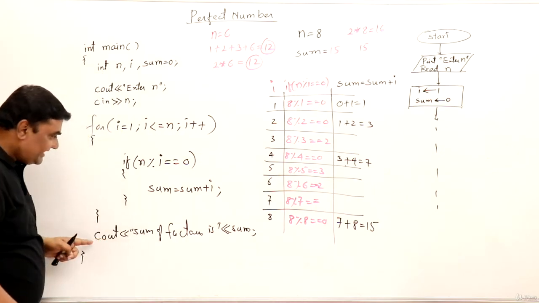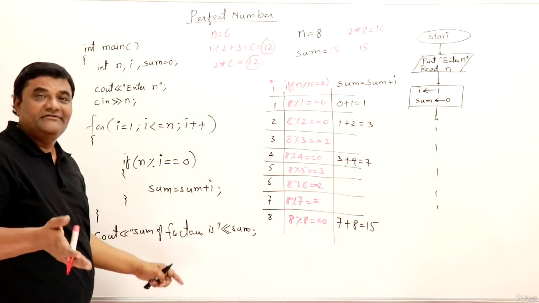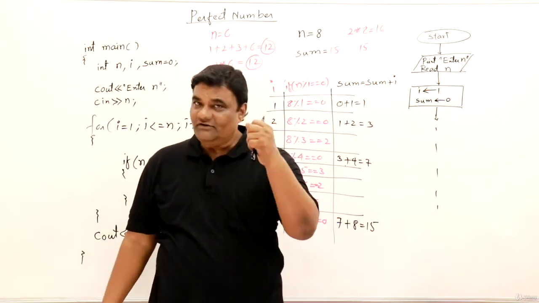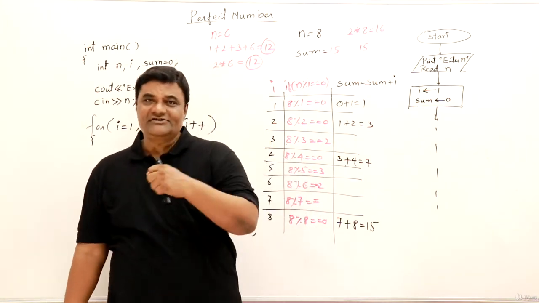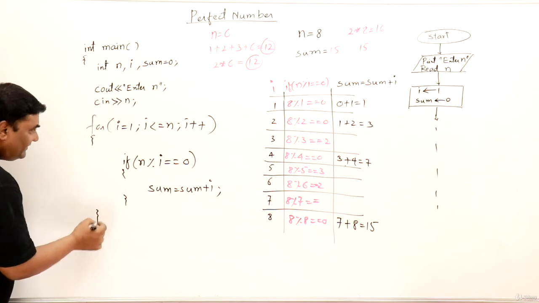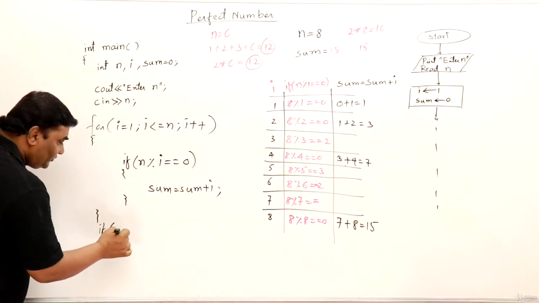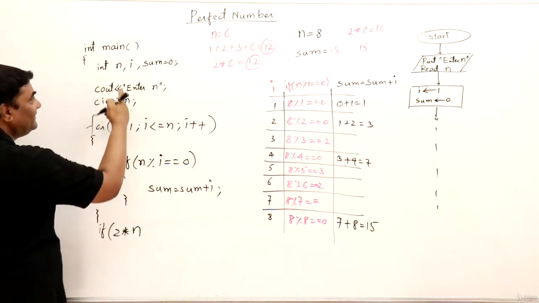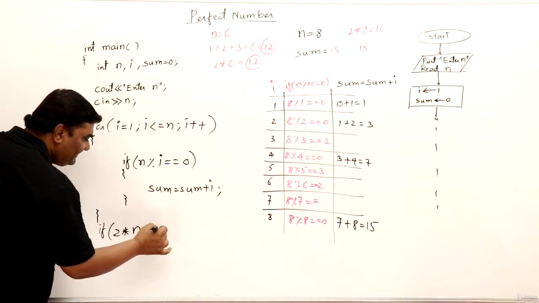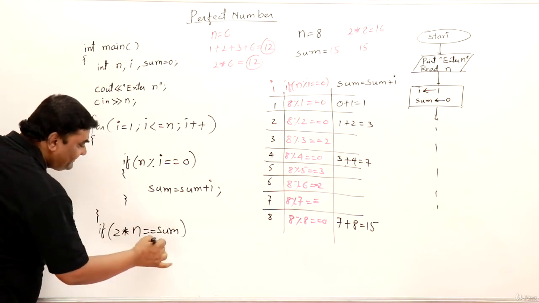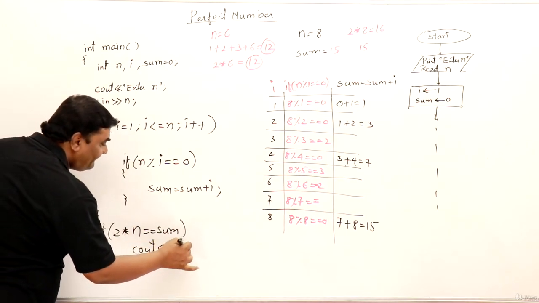Now, instead of printing the sum, I have to say whether it is a perfect number or not. So I'll remove that and write down the condition. Here, after finding sum, I should check if 2 into number, double the number, is equal to sum. If it is equal to sum, we will print cout perfect number.